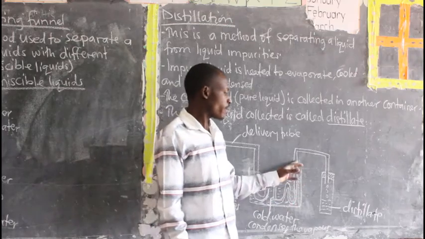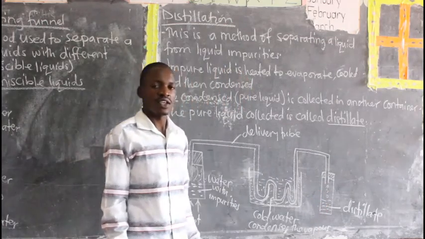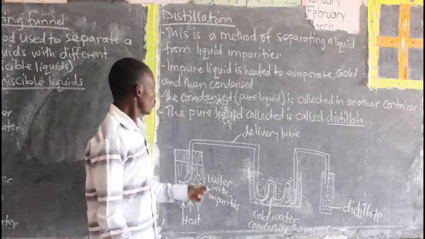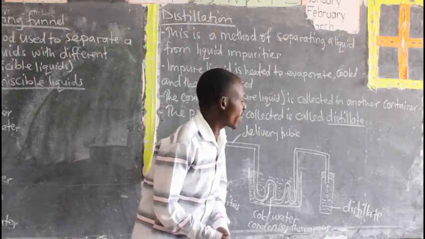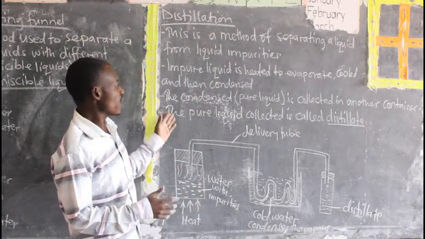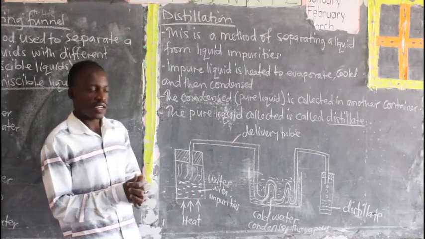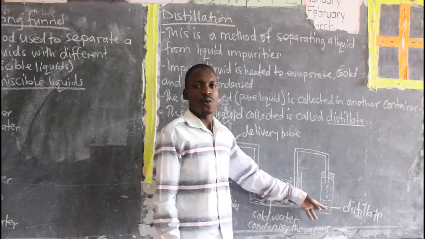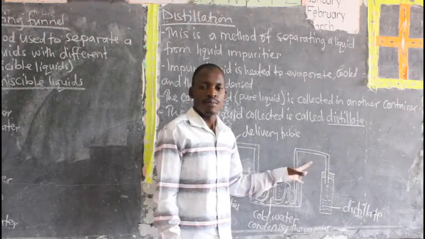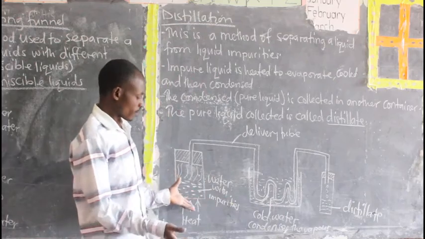Then the condensed vapor is collected here as the distillate. The condensed or pure liquid is collected in another container, and the pure liquid is called the distillate. That is the scientific name given to this pure water collected by the method of distillation.